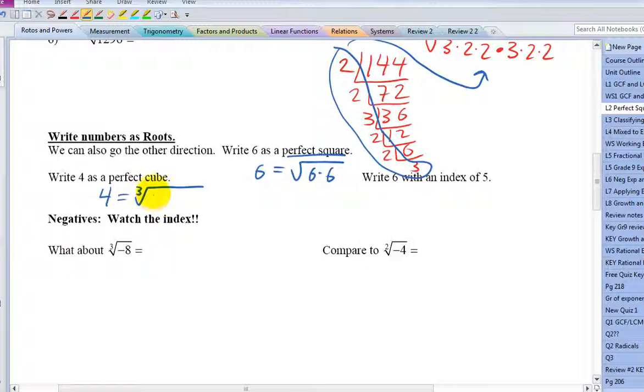How many? 3 of them. Good. Okay, we're trying to make this connection with the cube root and what must go inside. So 6 with an index of 5. So this must be a 5 right there. How many do you need, Rylan? What's your index?